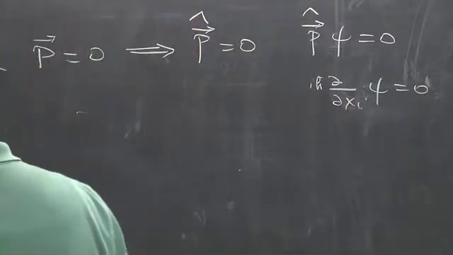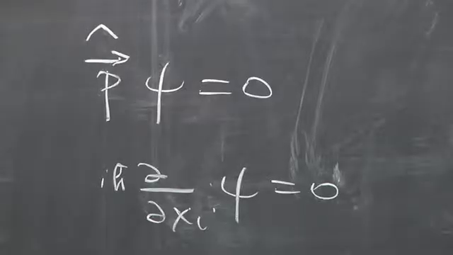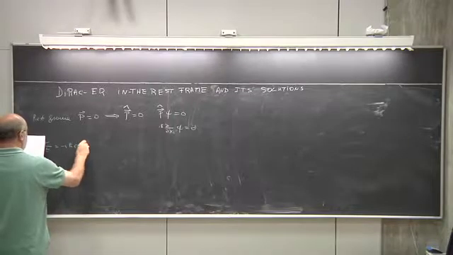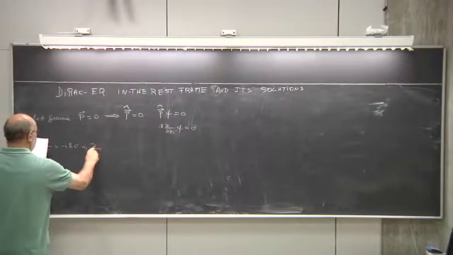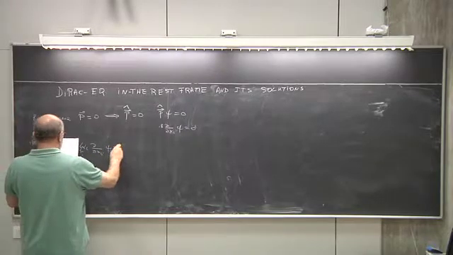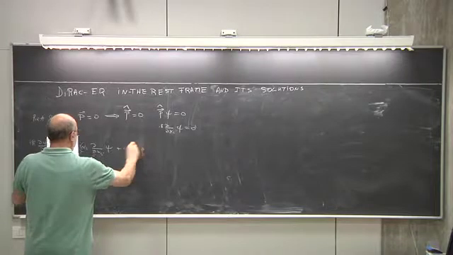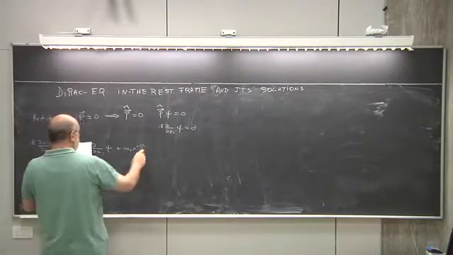So let's start with the Dirac equation: iħ dψ/dt equals minus iħc α_i d/dx_i, sum over i, ψ plus m0 c² β ψ. These are the alpha and beta matrices.